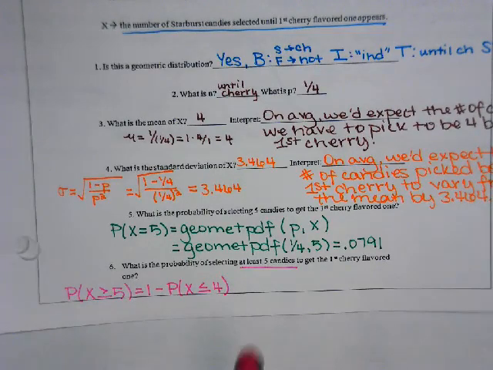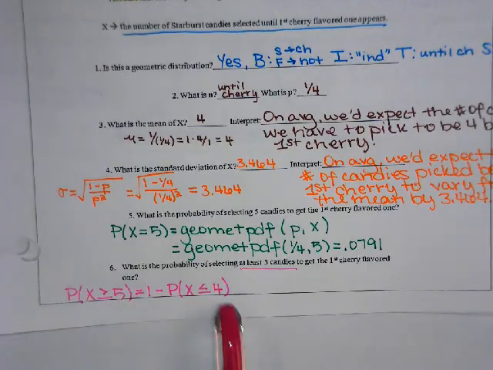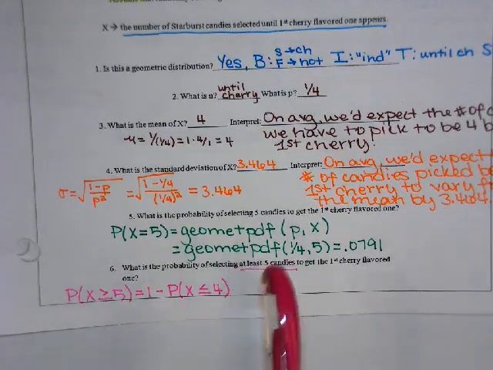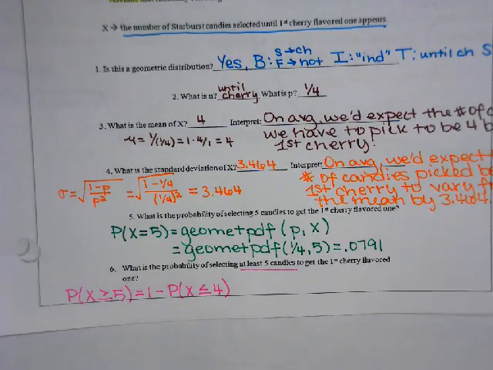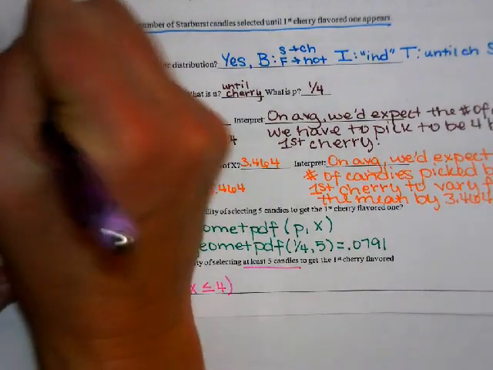Now, if the question was, what's the probability I have to pick at most 5 candies? At most means less than or equal to. And if it's a less than or equal to question, you don't have to change the x. You use what's given.